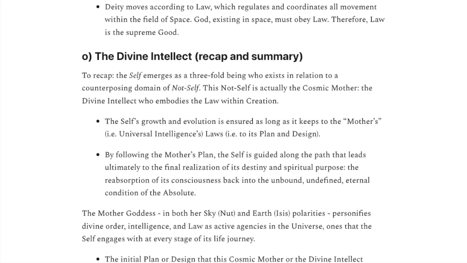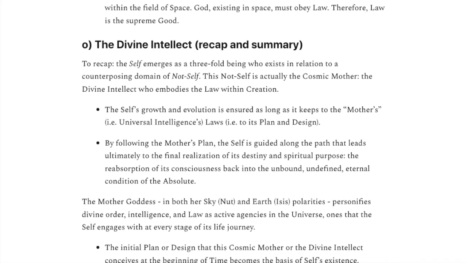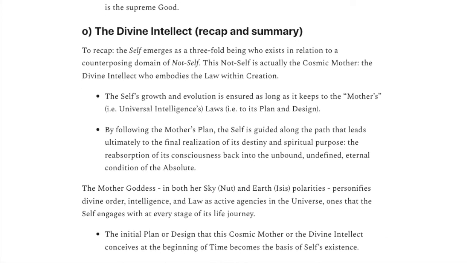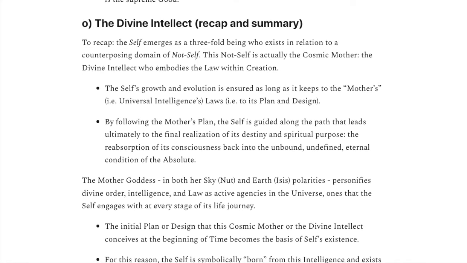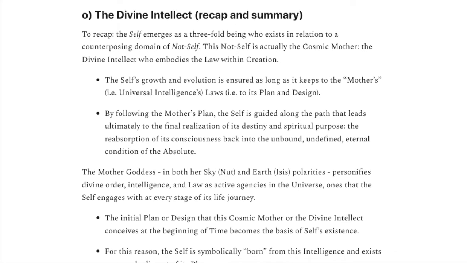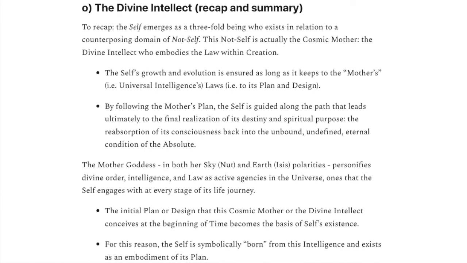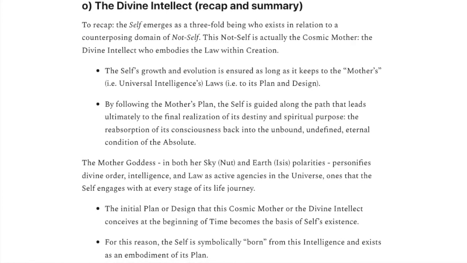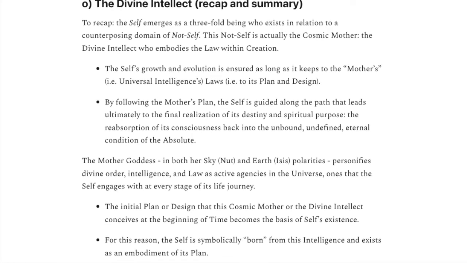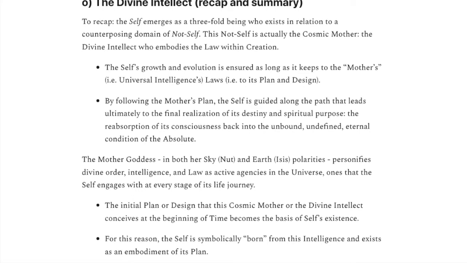That's what this really means. Every aspect of creation has a law component that's associated with it. So we communicate with the law through the mother. The self's growth and evolution is ensured as long as it keeps to the mother's laws, i.e. to the universal intelligence's plan and design.